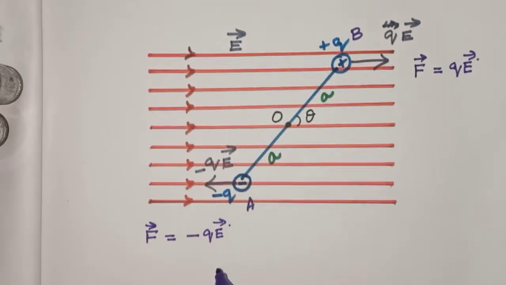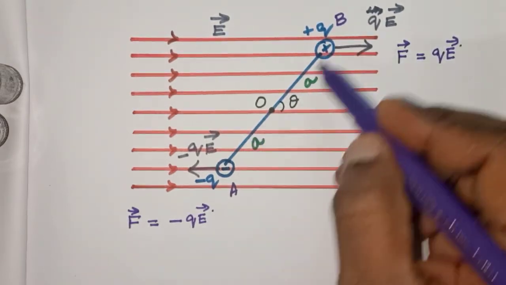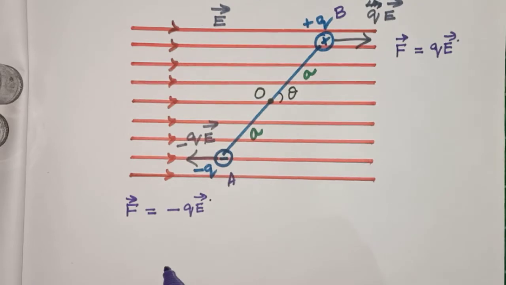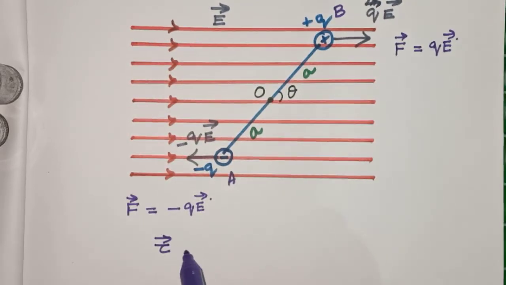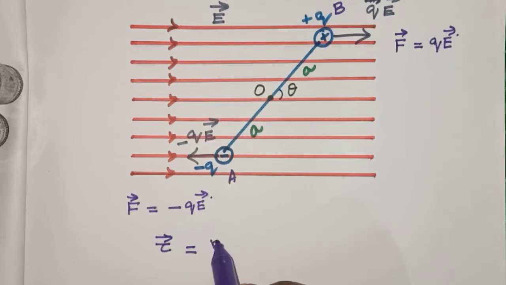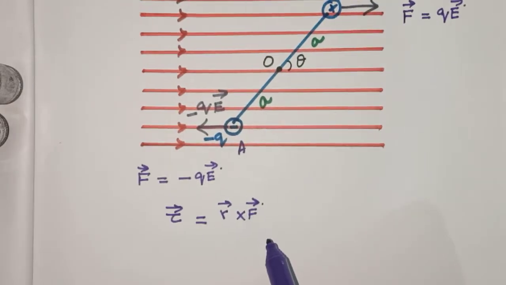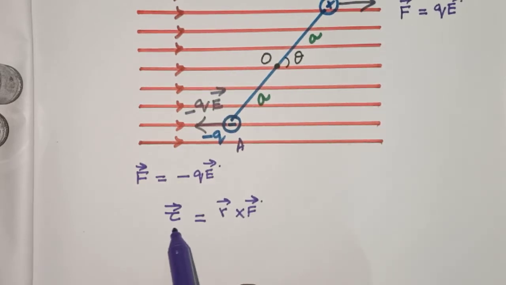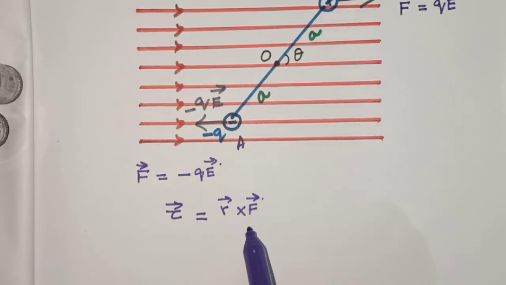So there are some twisting forces acting here, and that is represented by torque. Tau is equal to R vector cross F vector. We might have studied this torque in 11th standard: the symbol tau vector equals R vector cross F vector.